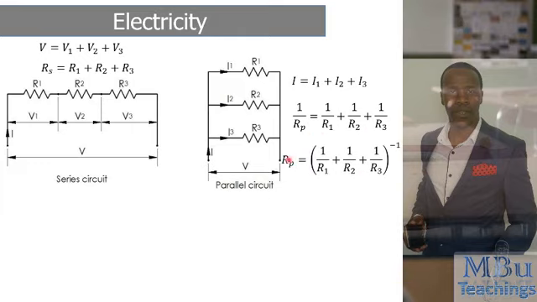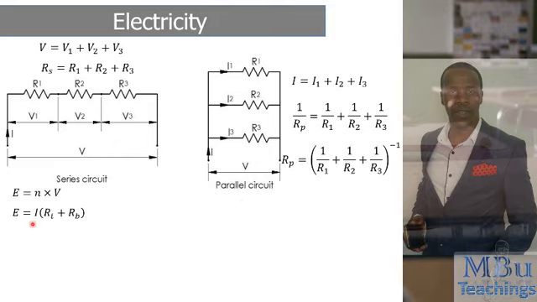Or you can simply put all of them under those brackets and say to the power -1, because this is the reciprocal now. There it was 1 over RP. This time it's just RP, so that is why we have -1 there, because we actually flip this around. So this RP is for resistors that are connected in parallel.